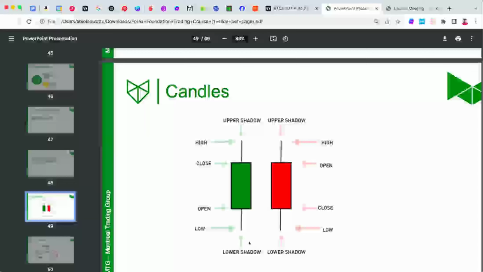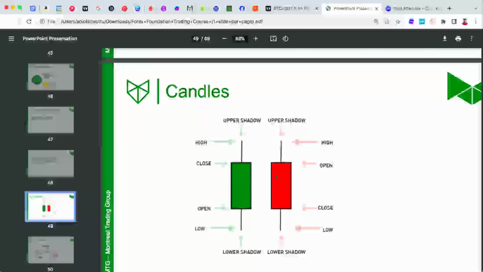So as we all know, price is being represented here with a candlestick. So here where you see the open, this is where the price of the asset that we are trading opens that day. And here is the close.